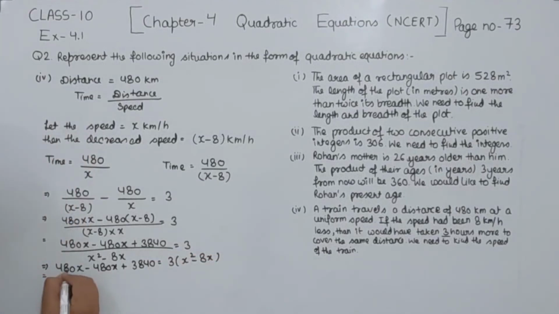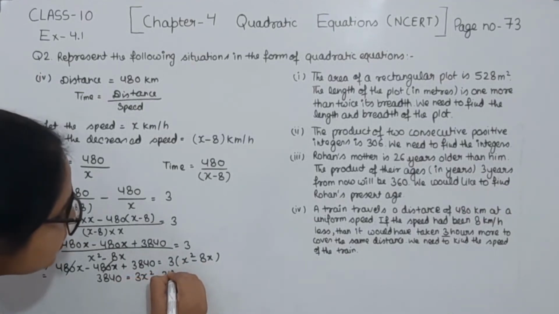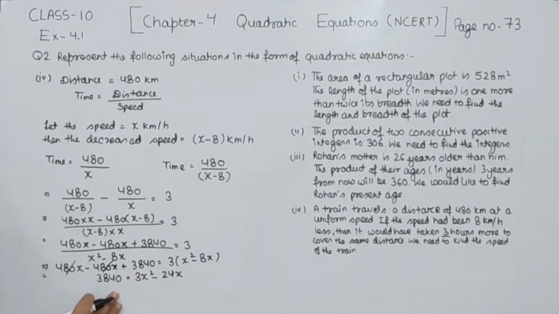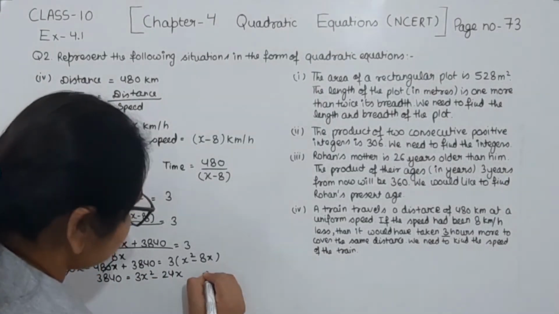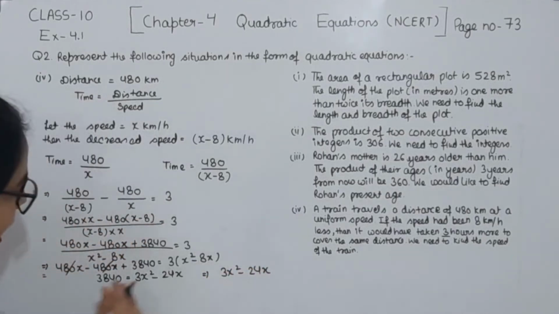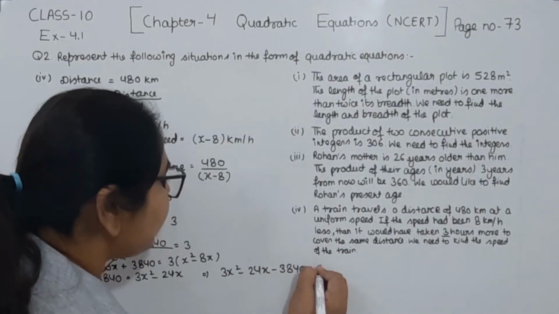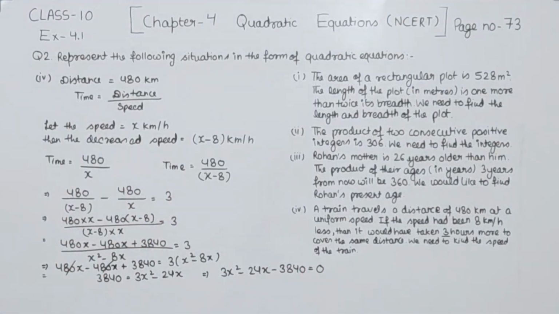Now this one, plus minus cancelled, where we are having 3840, and this is equal to 3x square minus 8 3s are 24x. Now we will transpose this 3840 from left hand side to the right hand side. So this is 3x square minus 24x and minus 3840, and this is equal to 0.